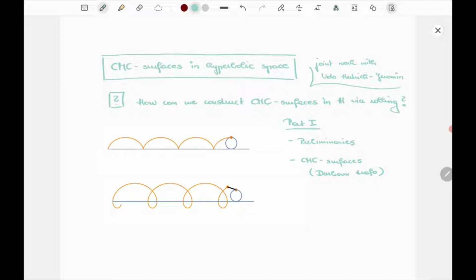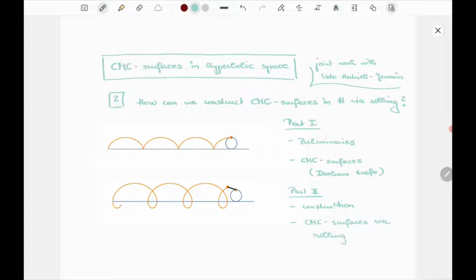This transformation will then be key to success for the second part of my talk, where we will discuss how these CMC surfaces in hyperbolic space can be generated by some rolling. So we will first discuss the general construction of rolling, and we will then generate CMC surfaces in hyperbolic space via such a rolling.